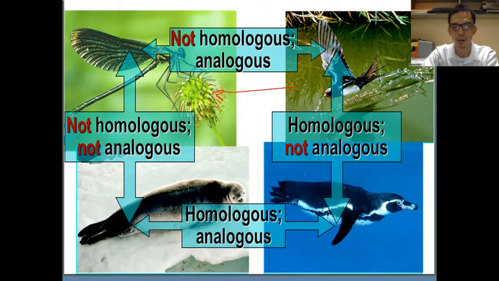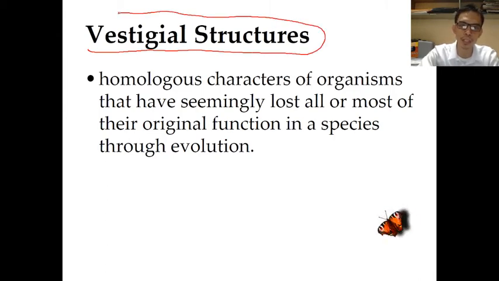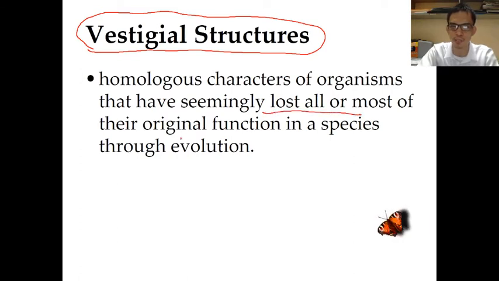Next, another type of structure is called vestigial structures. This is completely different from analogous and homologous structures. These are organs or structures in the body that have completely lost all of their function. These are structures in the body that do not function at all.